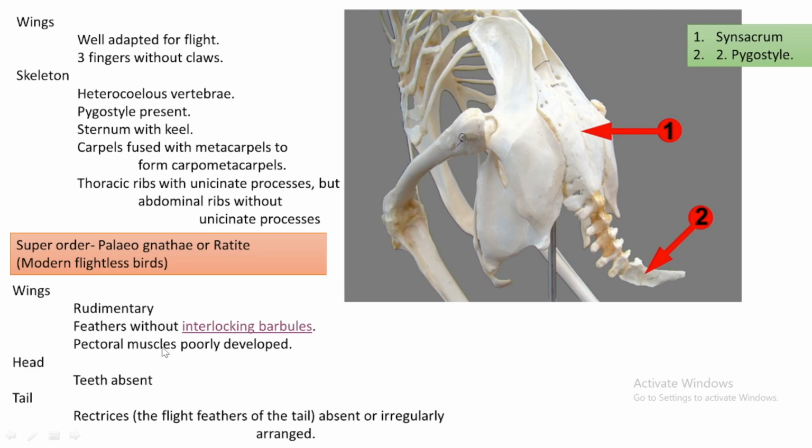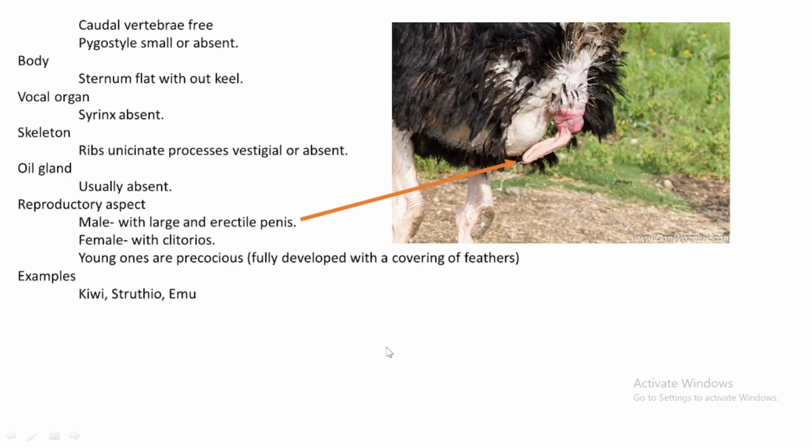Pectoral muscles are poorly developed. And regarding the head, teeth are absent. Coming to the tail, rectrices, meaning flight feathers of the tail, are absent or irregularly arranged, not in a regular pattern. Then coming to the caudal vertebrae, caudal vertebrae are free, and pygostyle is small.